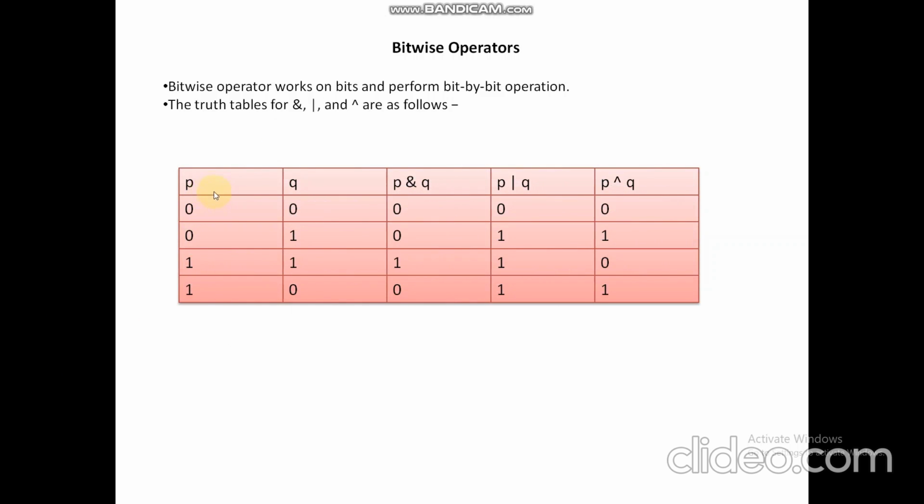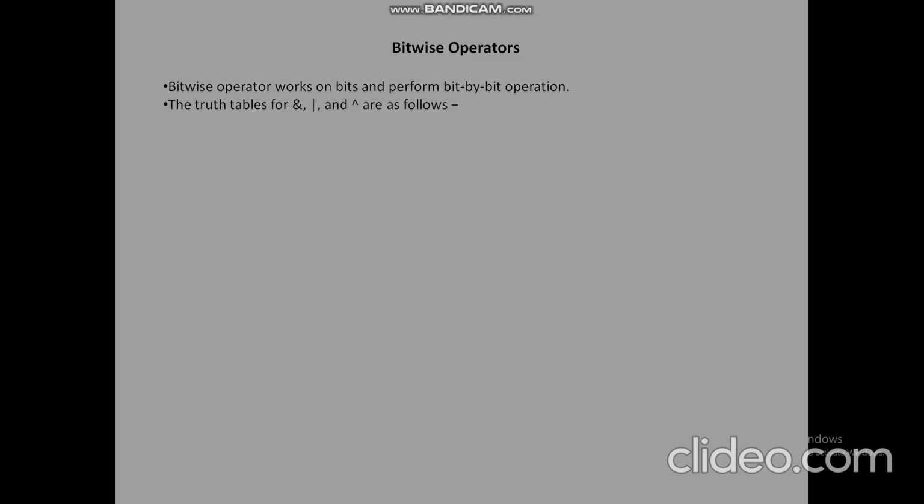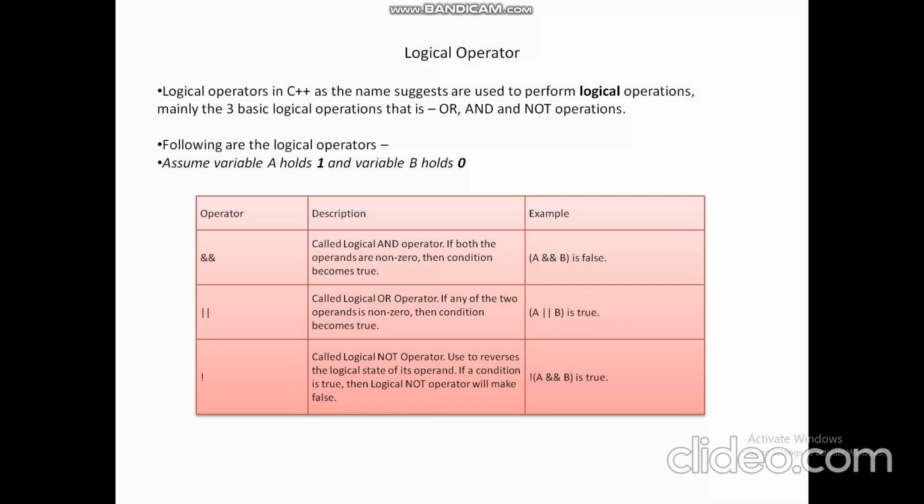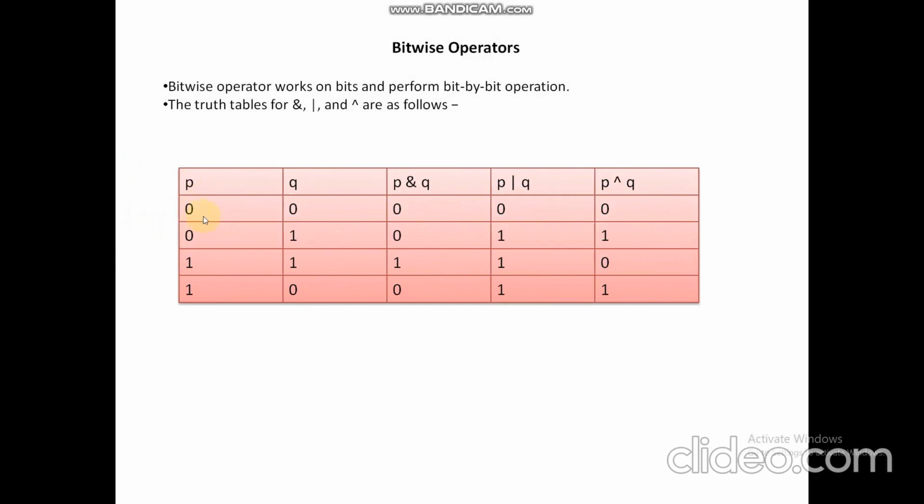In the previous screen you saw that A had 1 and B had 0. In a similar fashion here, P is 0 and Q is 0, so AND gives us 0. But if P is 0 and Q is 1, the answer will differ, and only when both are 1 will AND give us the value 1.